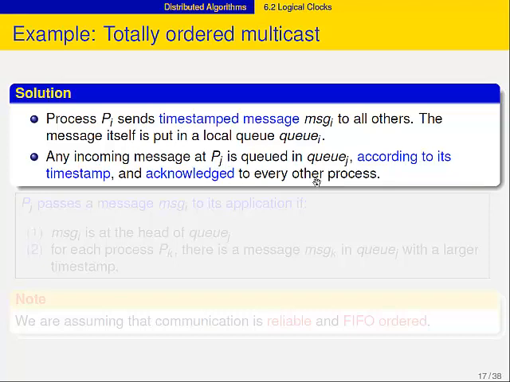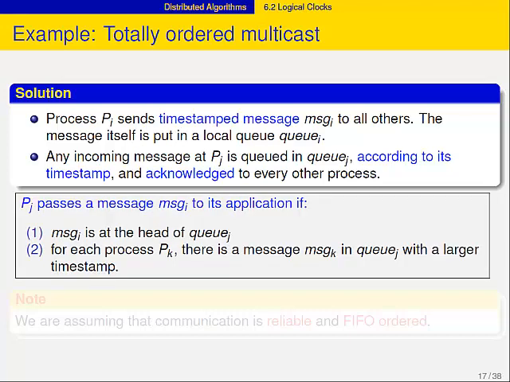So your message comes in, you timestamp it, and now you put it in the queue. Unlike the core Lamport explanation, before handing it off to the application, you make sure that it gets a position in the queue. As soon as it's at the head of the queue, and you're certain that you can hand it off, that's when you pass it on to the application. That's the difference with the core explanation I just gave of the Lamport system.